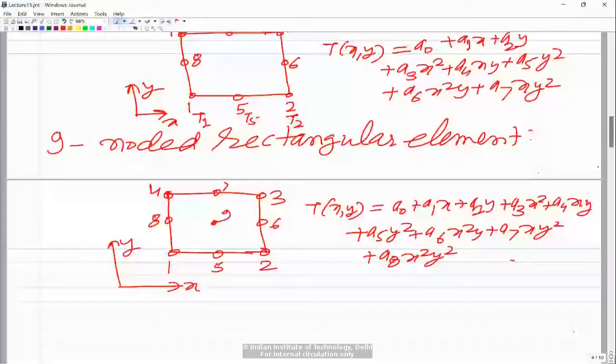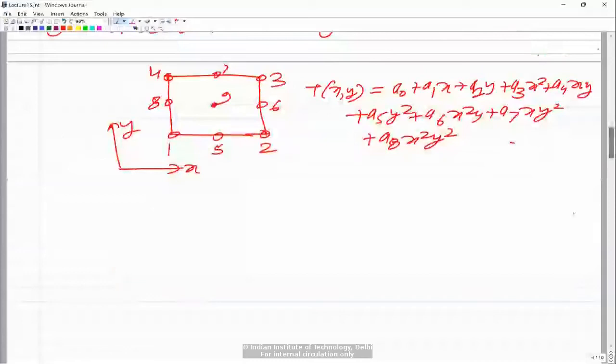So as I mentioned, the triangular elements formulated in physical coordinate space satisfy the inter-element compatibility. Similarly, the rectangular elements formulated in physical coordinate space, that means the approximate solution is assumed in terms of physical coordinates x and y, also satisfy the inter-element compatibility.